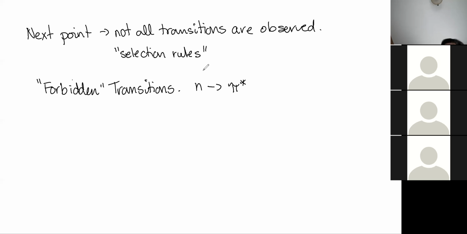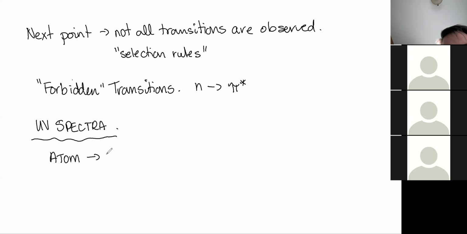So I guess we should basically talk about what the spectra looks like. So in UV spectra, if you run one of these spectra on an atom, what you are going to see is very sharp lines.